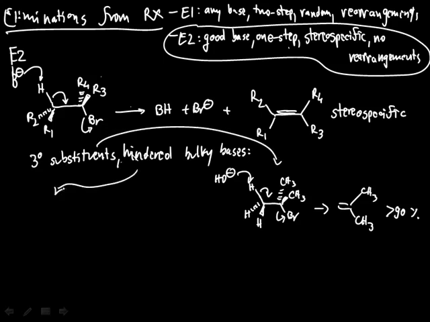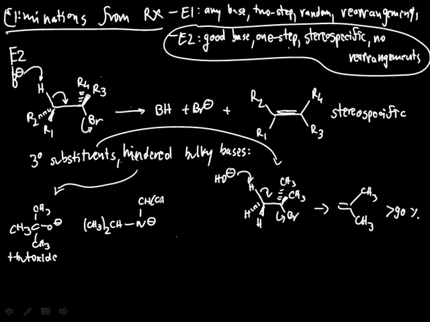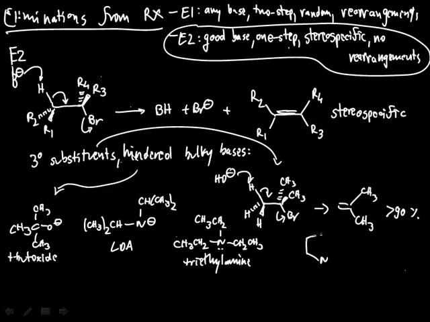So we talk about hindered bulky bases. We would use things like potassium t-butoxide, or lithium diisopropylamide, also known as LDA, or things like triethylamine, which is a very cheap, easily available base, or even something like this, the dimethylpyridine.